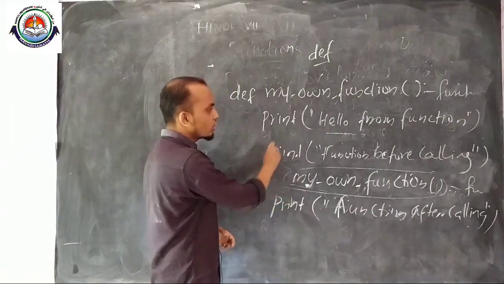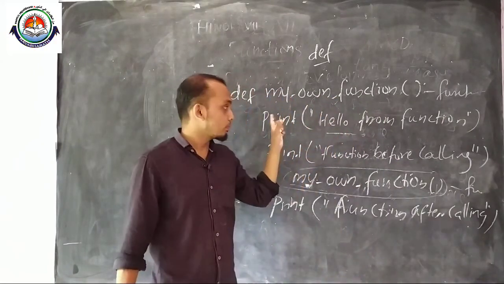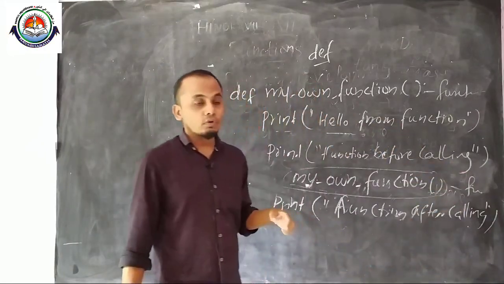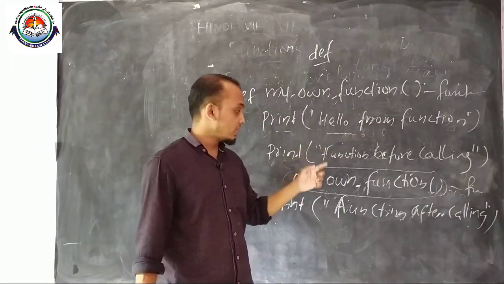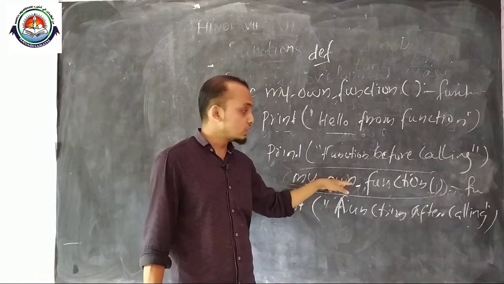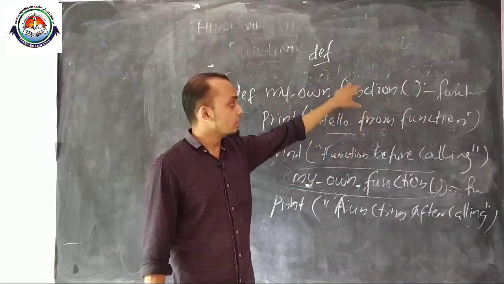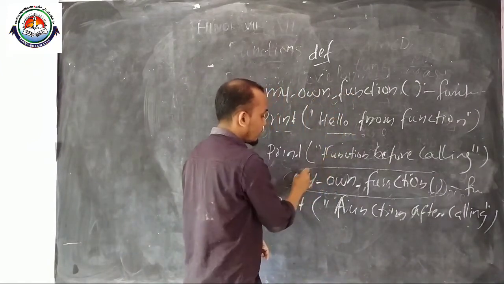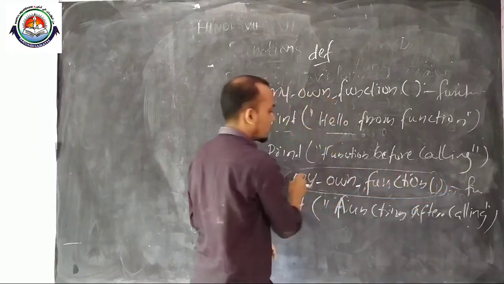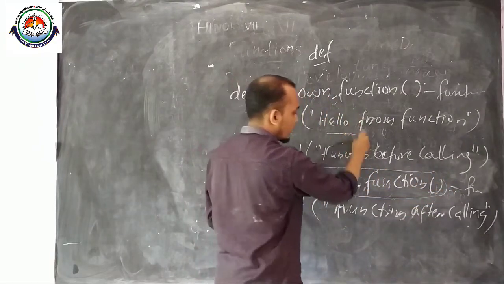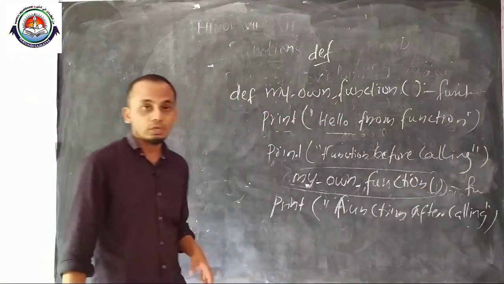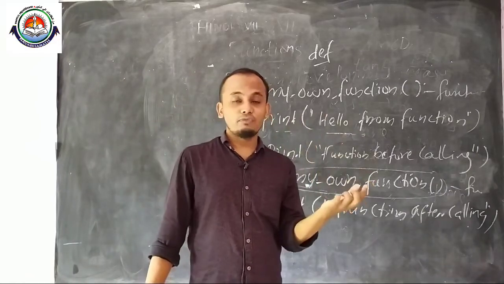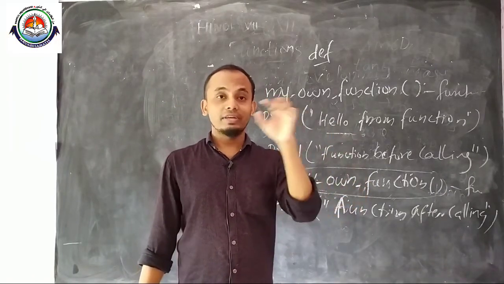Instead of repeating the same code, we give the statements once and call the function from here. When we call this function, the statement will reach here and execute.